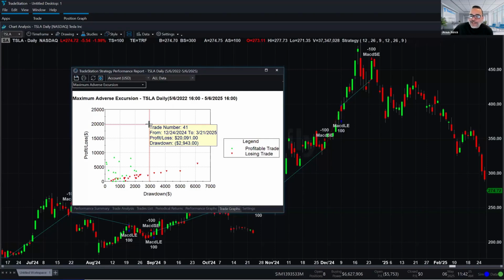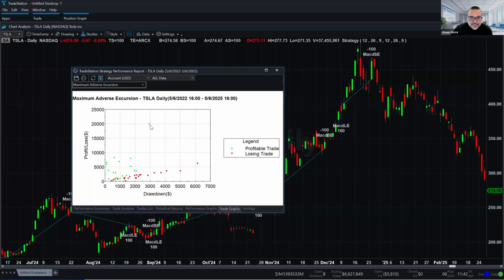If we had a $2,000 stop, it would have stopped our trade at $2,000 loss. So this winning trade, which contributed to a large amount of our profits, would have just been taken out. Of course, this is one of those examples where you would want that trade to be removed because it's an outlier. This tells you when to set up a stop without affecting any of your winning trades.